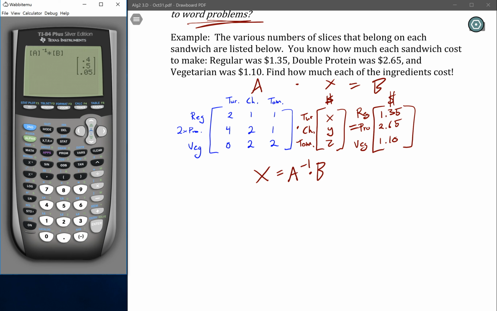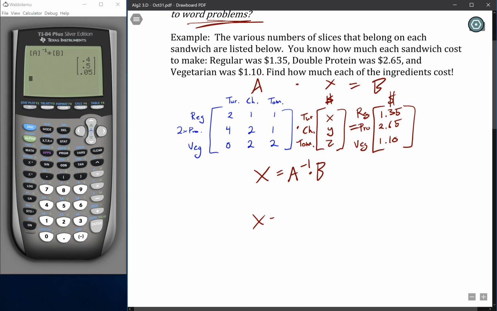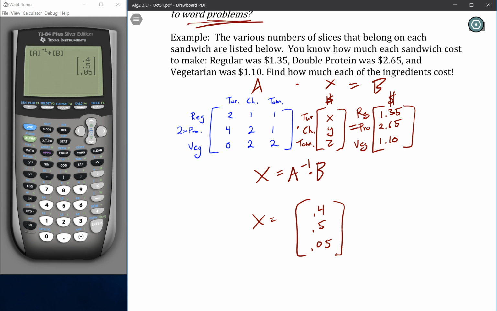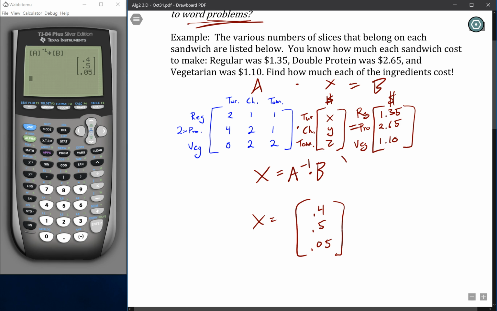And our calculator gives us that X is 0.4, 0.5, and 0.05. Keep in mind, we need to add context to this, but we know what the context is because we labeled the units of our X matrix. We know that this is turkey, cheese, and tomato, and it's comparing it with cost.